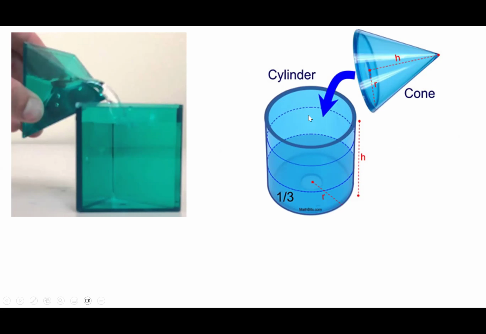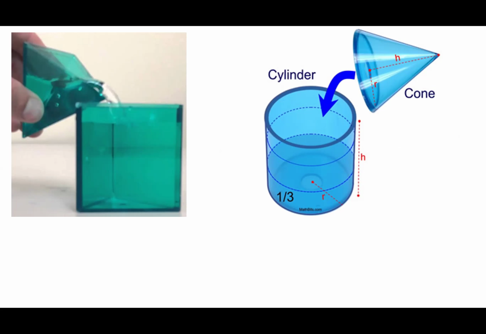Okay, let me say this again. Since there are 3 cones in a cylinder, and I know the volume of a cylinder is area of the base times height, I'm going to say 1 cone is area of the base times height divided by 3, because there are 3 cones.